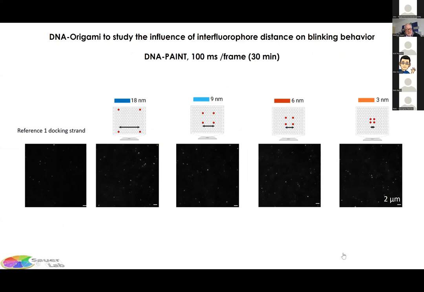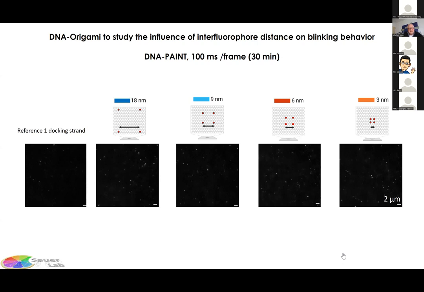For the 18 nanometers, you see also blinking throughout the 30 minutes. For the 9, the 6, and the 3, you always see constant blinking of the sample because of binding and unbinding of imager strands. And of course, you see 4-fold more binding events for the 4-fold labeled DNA origami.